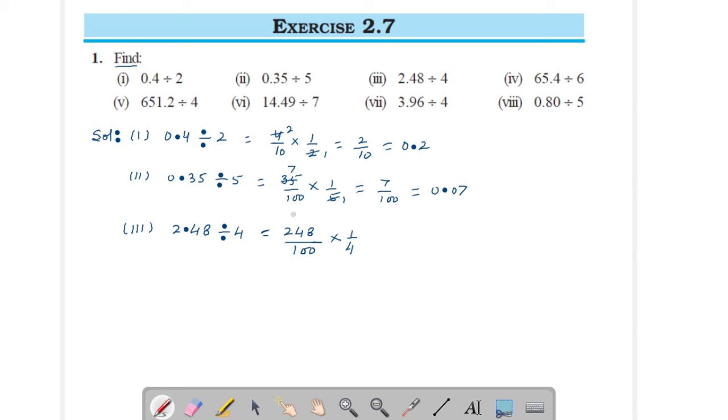Here cancel 248 and 4 by 4. 4 1 ja. Here 4 6 ja 24, 4 2 ja. This can be written as 62 upon 100. Put decimal, it can be written as 0.62. This is your answer. Then come to fourth part.